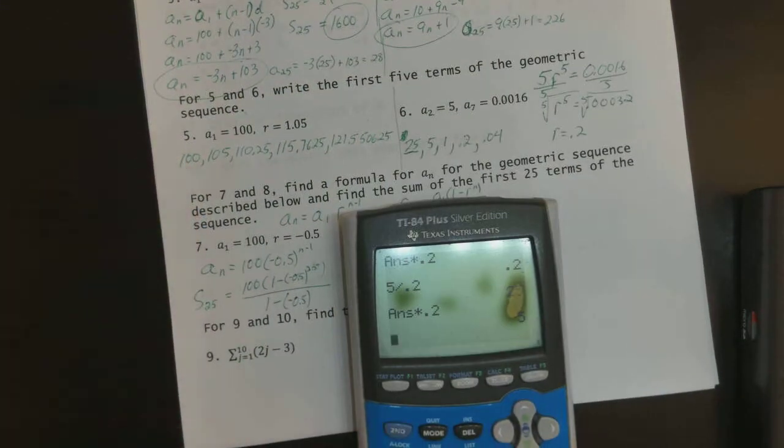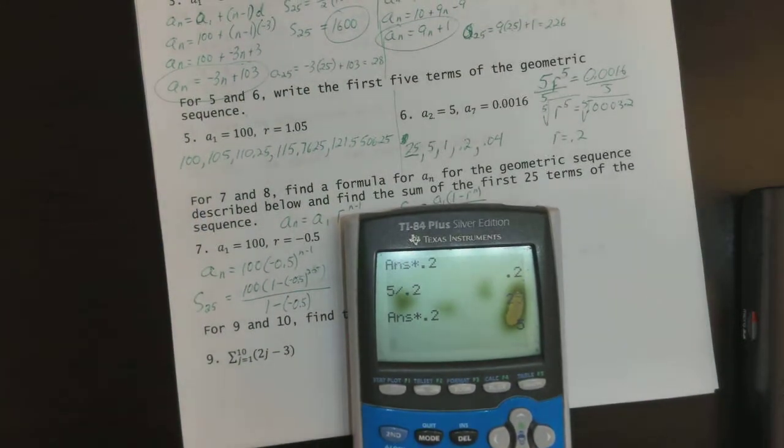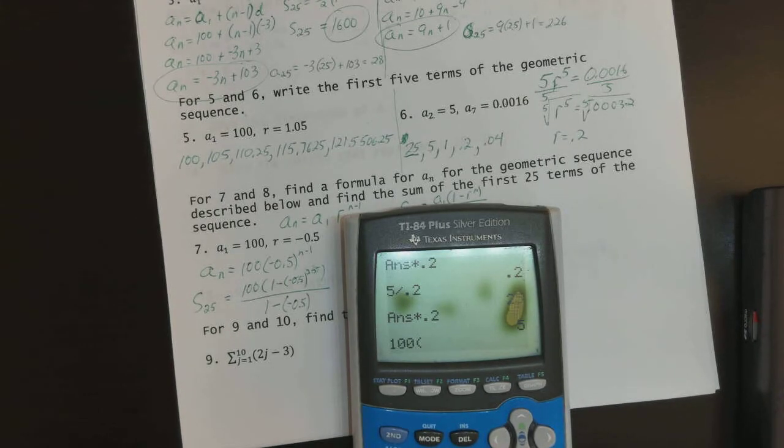I'm going to try to calculate that numerator right now. I'm going to take 100 paren 1 minus, and then I'm going to put negative 0.5 in parentheses there, and raise that to the 25th power. Bring down my cursor and close that.